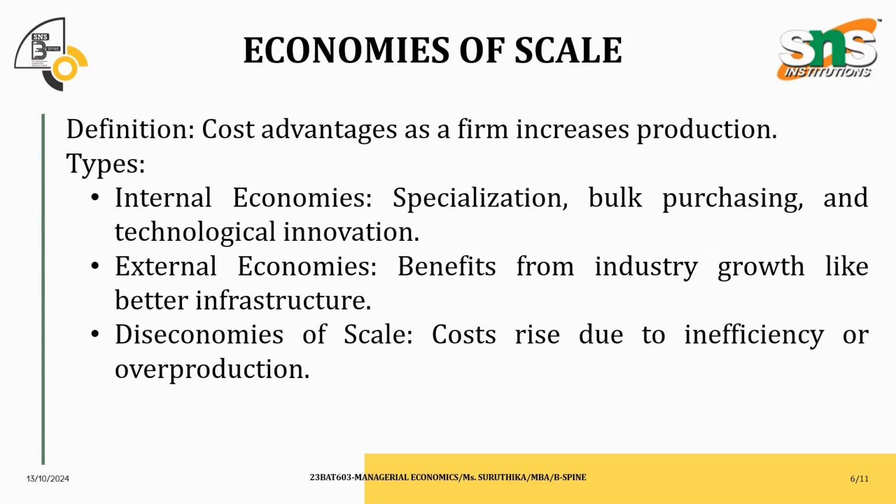While external economies refers to benefits from industry growth like better infrastructure, better government policies, better investments, etc., that happen outside the organization but contribute to the overall cost advantage. The third category are diseconomies of scale, which refers to the rise in cost, that is cost disadvantage, due to inefficiency or overproduction.